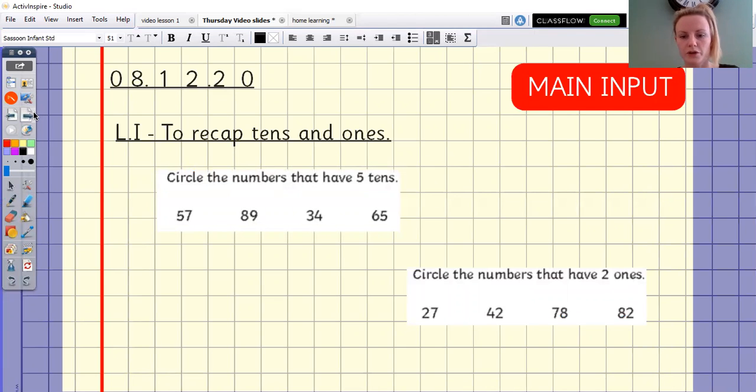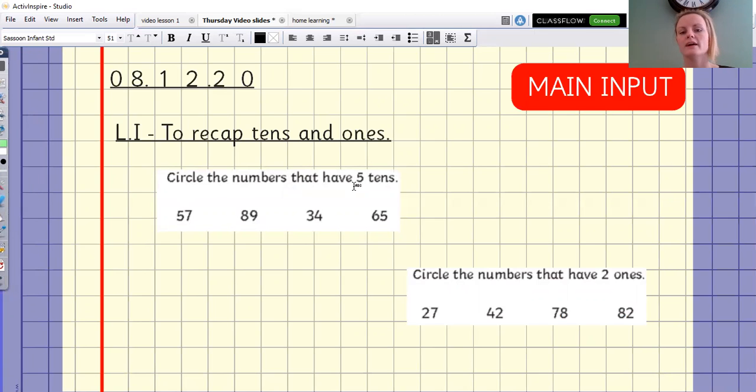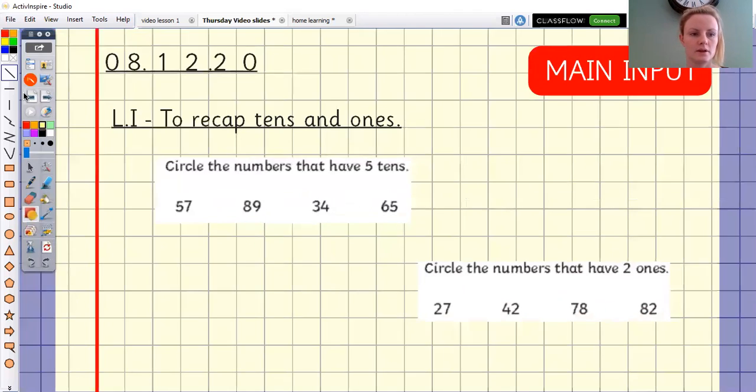I want you to have a look at these. See if you can circle the number that has 5 tens. Okay, it might be a bit of a trick question, but you need to look at the tens, not the ones. So 5 tens.